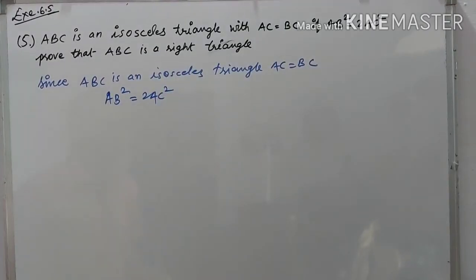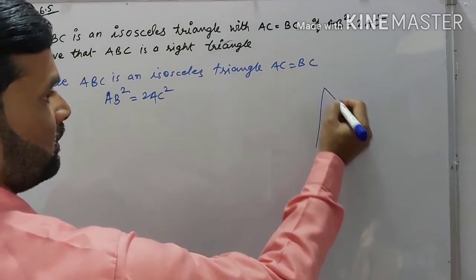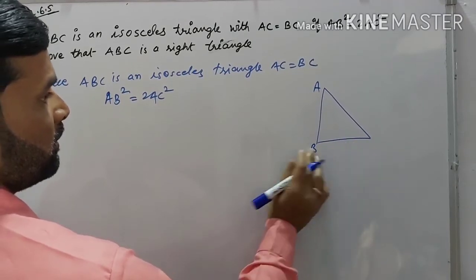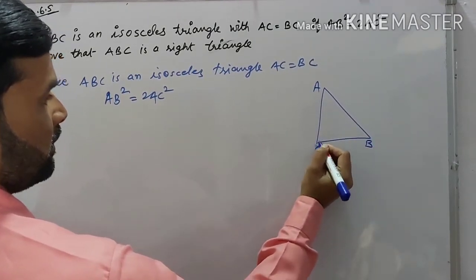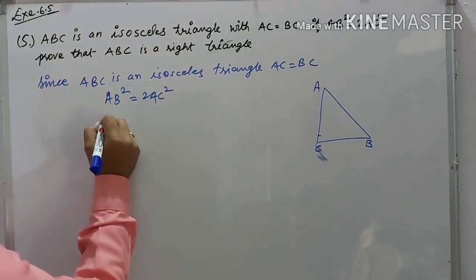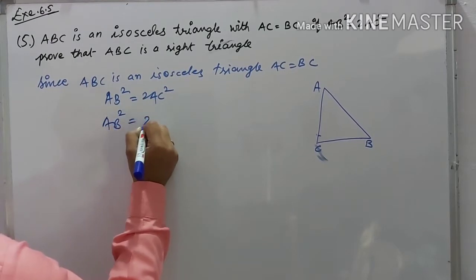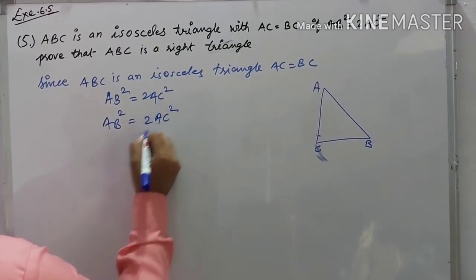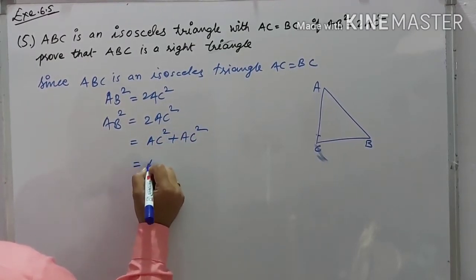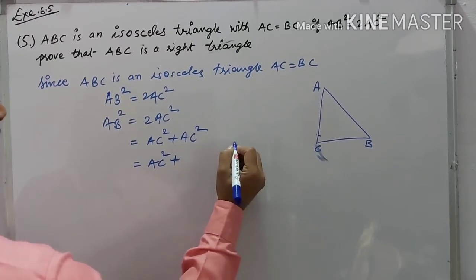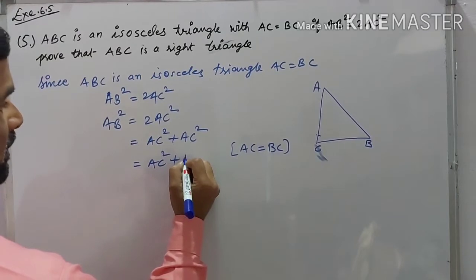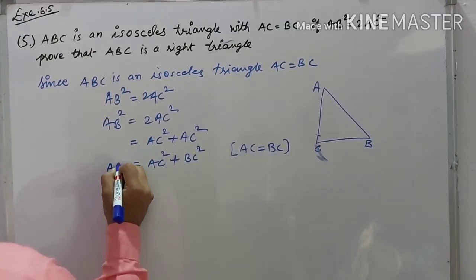Okay, in triangle ABC, suppose we draw a triangle ABC, a rough diagram, but it is not a right angle. So we write AB square is equal to 2AC square, which means AC square plus AC square, and if you write AC is equal to BC, now replace the value of BC with AC, so that is the AB square.